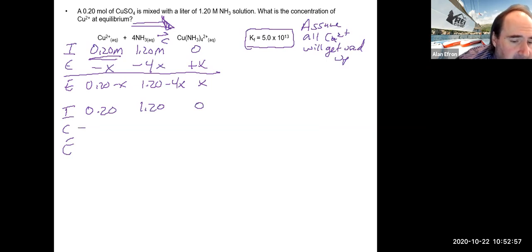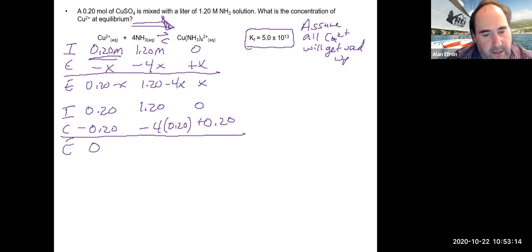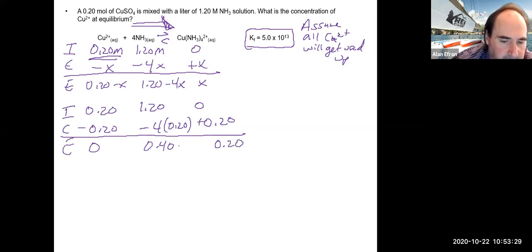So we could actually put the number in. It would be 0.2. This would be minus 4 times 0.2. And this would be plus 0.2, which means at equilibrium, we will have 0 of this guy. We will end up with 1.2 minus 4 times 0.2, which gives us 0.4, and 0.2. Any questions on that so far?